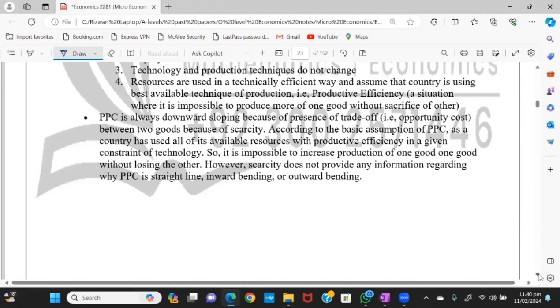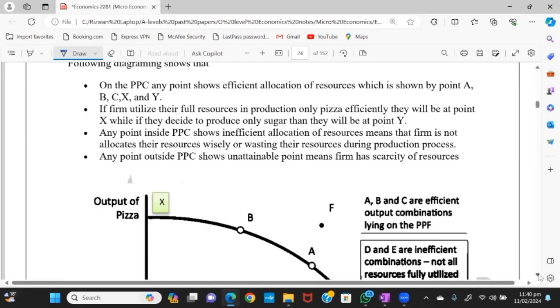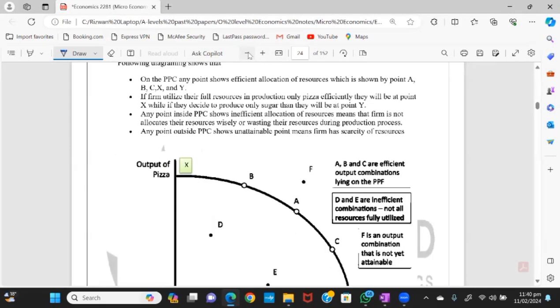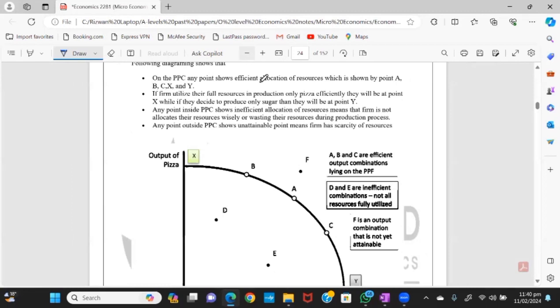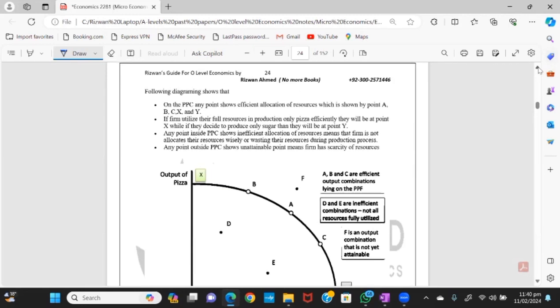So first, we have to look at this graph. The graph shows that any point on the PPC shows efficient allocation of resources, meaning there is no wastage of resources.